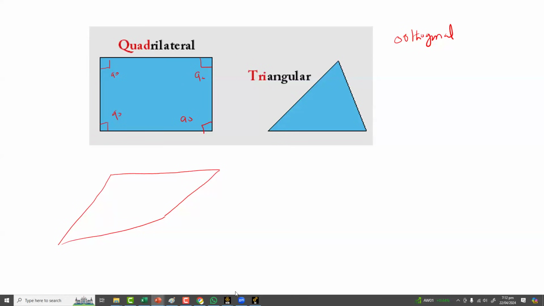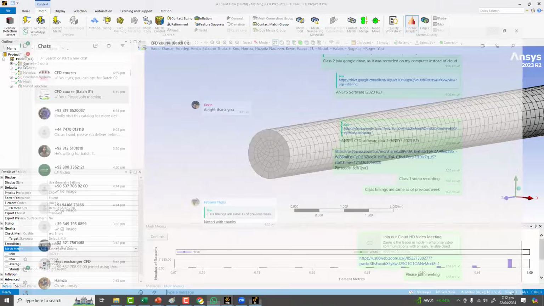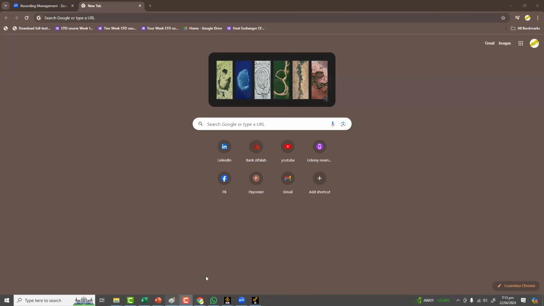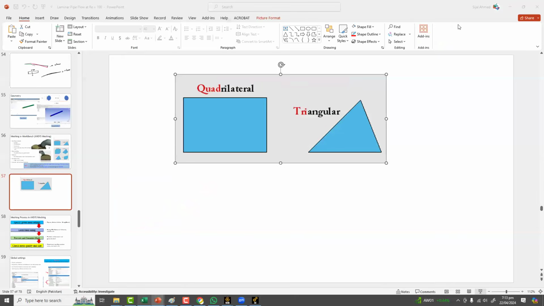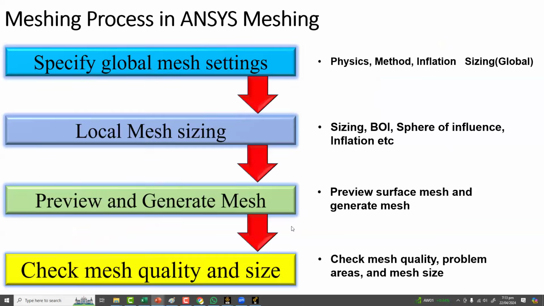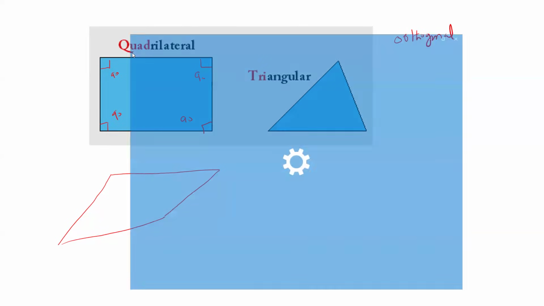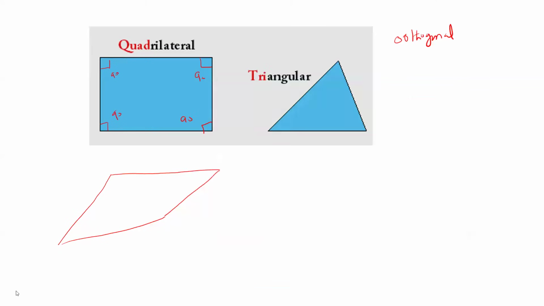Okay, this contains a lot of information inside it.